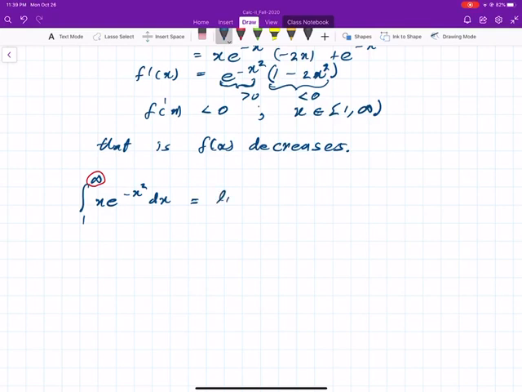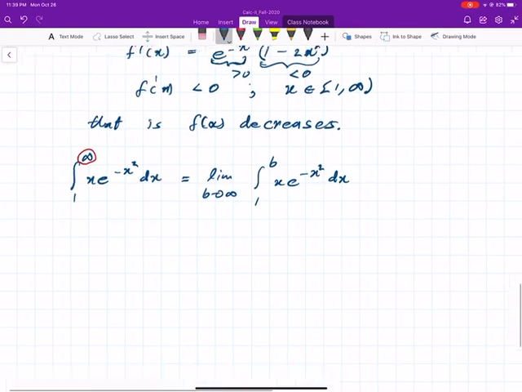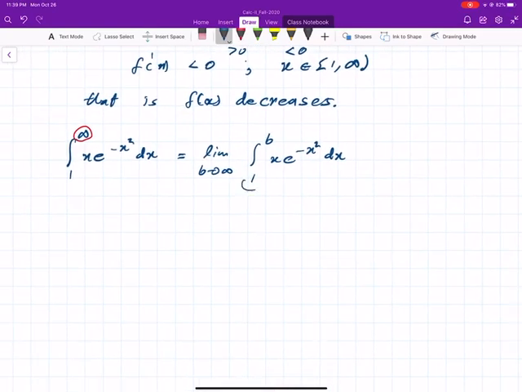So you write limit b goes to infinity and then integration from 1 to b of x e to the power minus x squared dx. Now let's get the integration of this part. Thereafter you just get the limit as b goes to infinity.